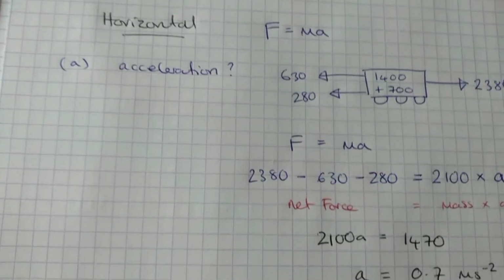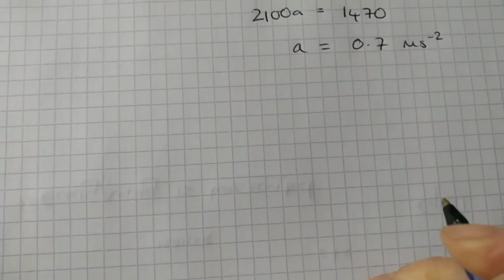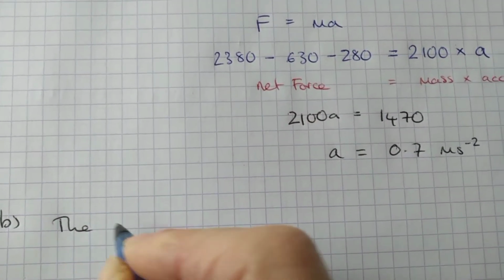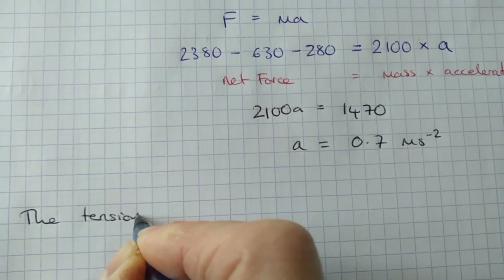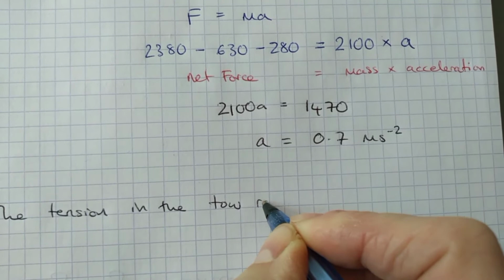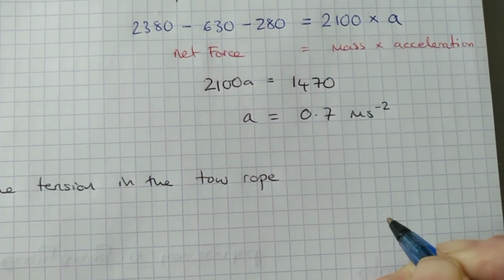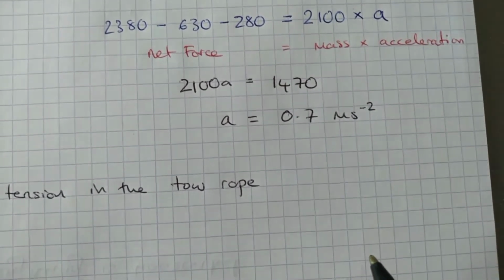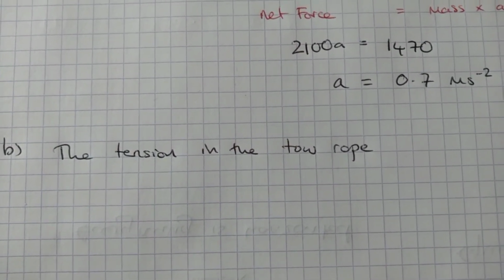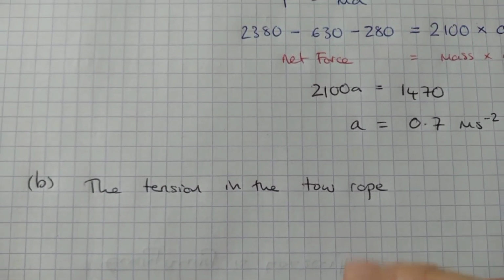However, part B is going to involve looking at the tension in the tow rope. And I'll stop this video after part B because for the third part, part C and part D, we're going to look at SUVAT.